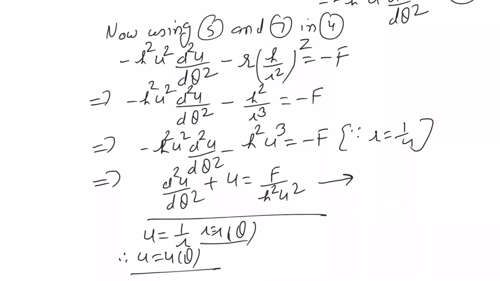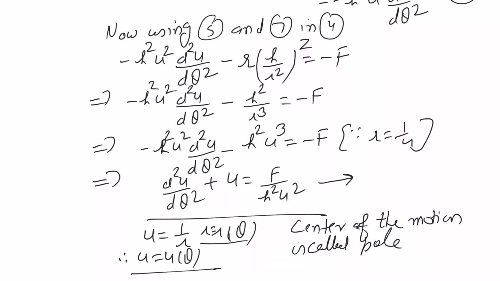And here the center of the motion is called the pole. Therefore in this particular article we have derived the differential equation of central orbit in polar form.